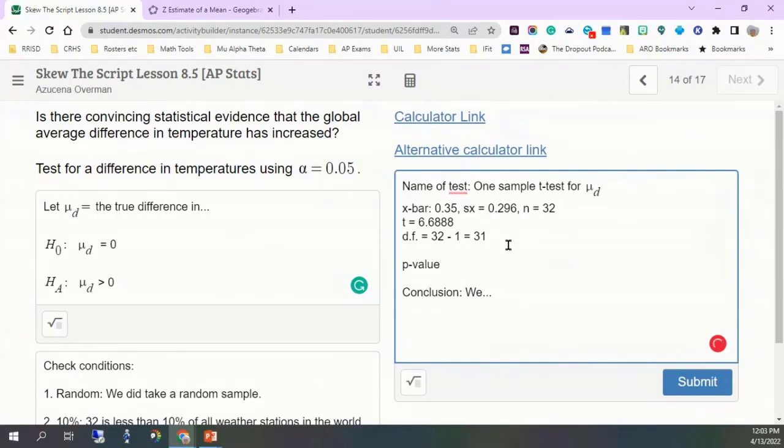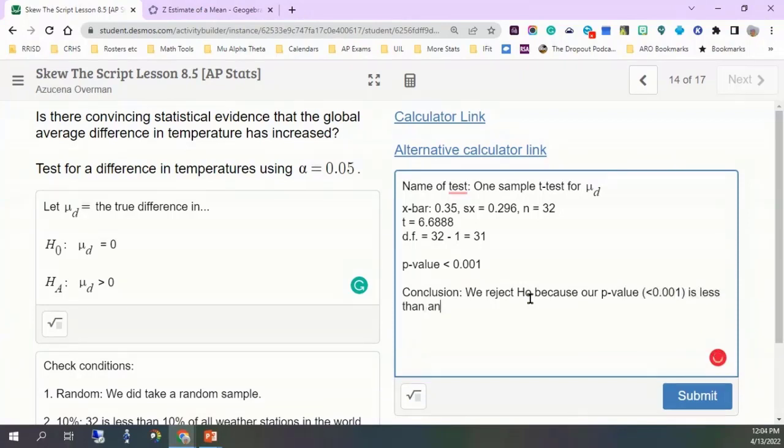Our p-value is less than 0.001. So our conclusion is we're going to reject the null. Reject H naught because our p-value, which is less than 0.001, is less than an alpha of 0.05, right?